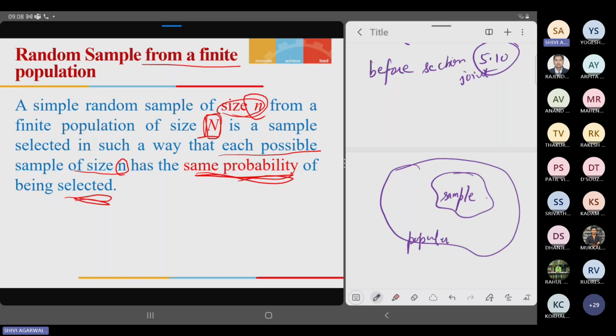So the probability of getting good marks is the same for each student. For all 400 students, I can say that the probability of getting good marks is the same. We can't say that this is more for some students and less for some students. It depends upon how all students are preparing.